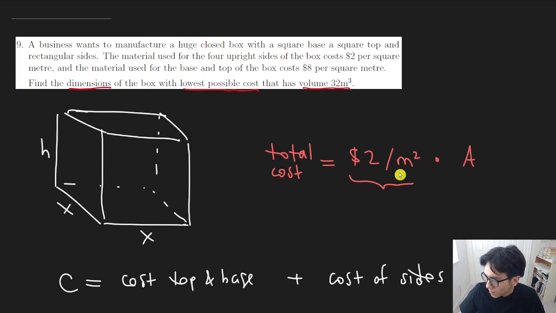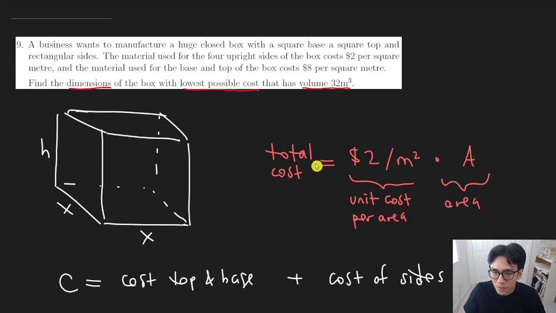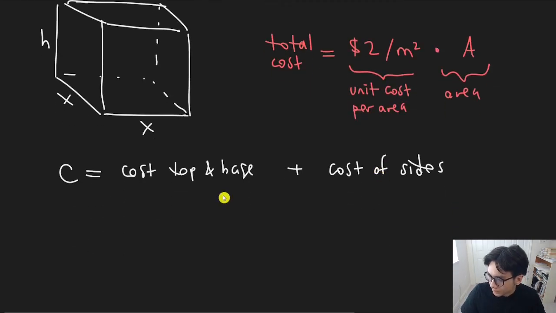Meaning that to find cost, you multiply the unit price, or you could call it the unit cost, which is the cost per area, times the actual area. If you multiply those two things together, you get the total cost of that piece. So that's what we're going to do here. For the top and base, we're going to have the unit cost, which is $8, times the area of the top and base. Now, what is the area of the top and base?